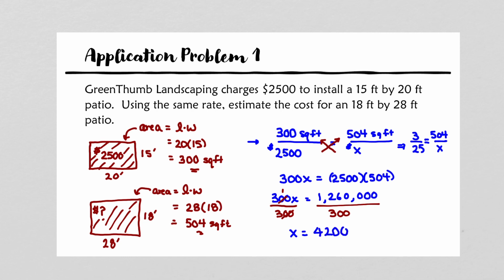And what was x representing? Recall, x was representing the cost of the 504 square foot patio. That means that using that rate, we've estimated that the cost for a patio that is 18 feet by 28 feet would be approximately $4,200.